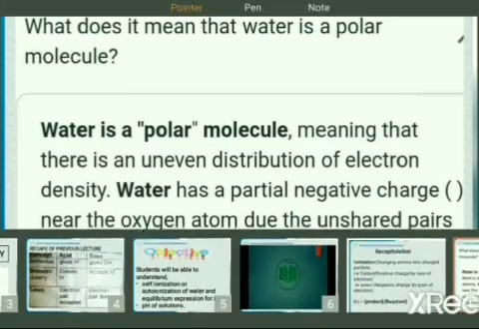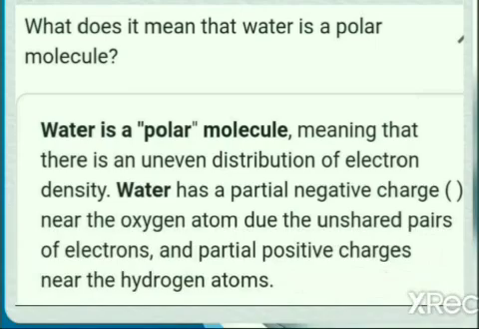This is all due to electronegativity difference between oxygen and hydrogen. Oxygen has more power to pull hydrogen's electrons towards itself. So oxygen has partial negative charge and hydrogen's electron pulls away from it. That's why hydrogen atom has partial positive charge.